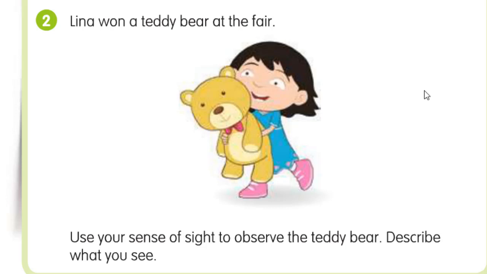Sebutkan apa yang bisa kamu lihat dari boneka beruangnya. Apakah dia halus atau kasar? How about the colors? Is it brown or pink or white? How about the size? Is it big or small? Jelaskan satu persatu. Okay?